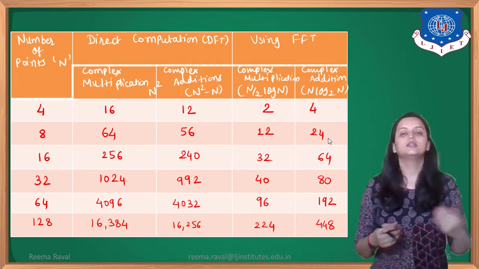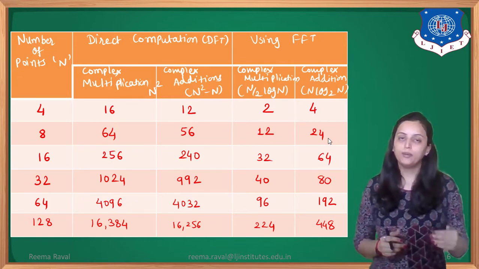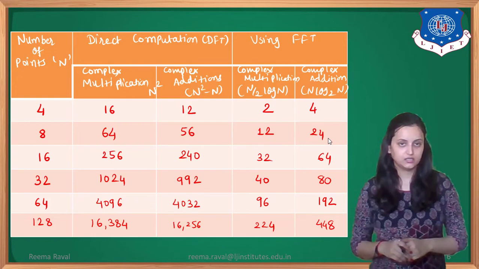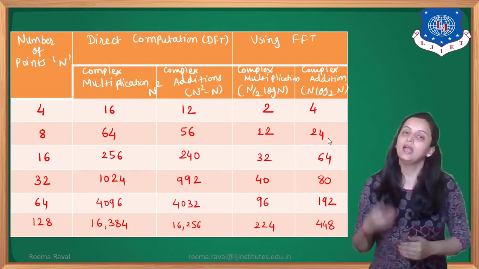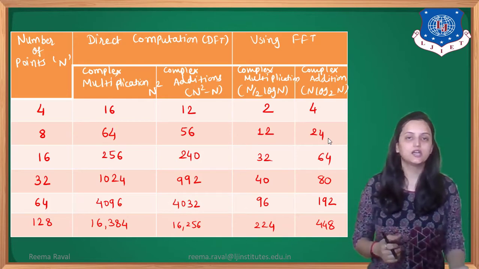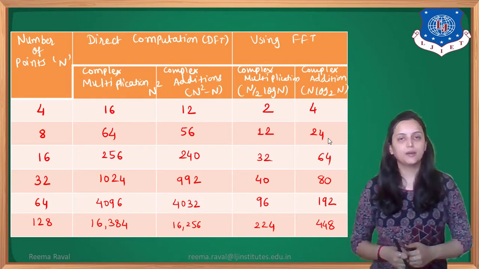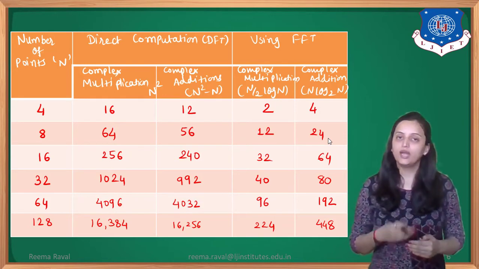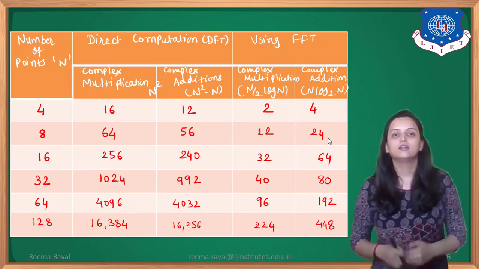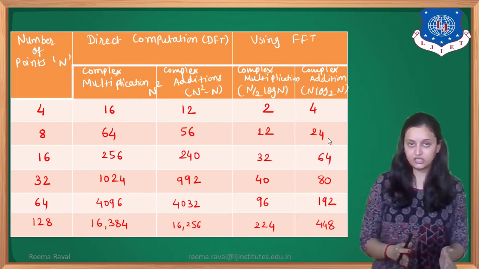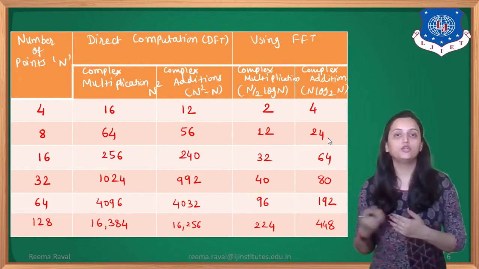Next, if we take the number of points N equal to 16, you can see that the complex multiplications are 256 and complex additions are 240 for DFT, and for FFT it is 32 and 64 respectively. As you can see from this comparison table, as we increase the number of points, the complex multiplication and complex addition counts are higher in DFT as compared to FFT.